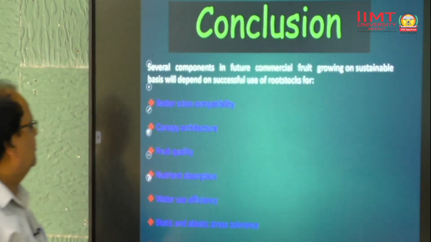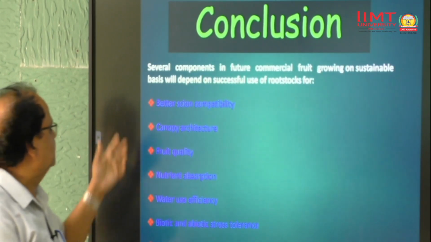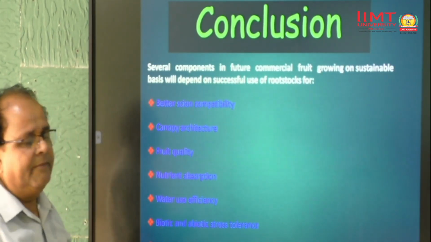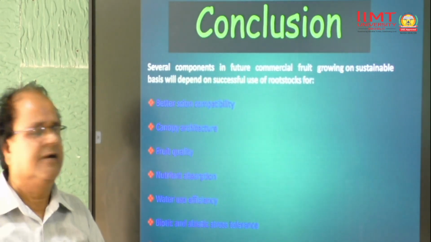So to conclude, there are several components for future commercial fruit growing. Better scion compatibility is essential for the successful union of scion and rootstock.